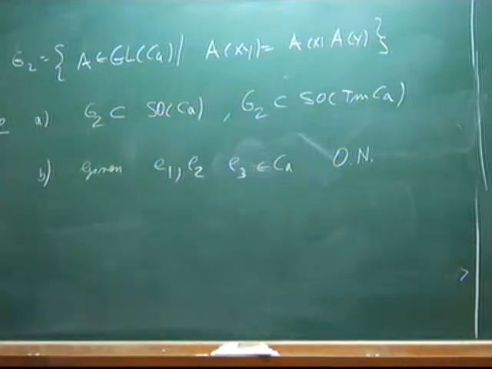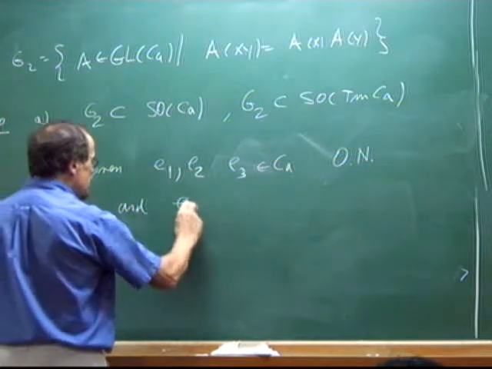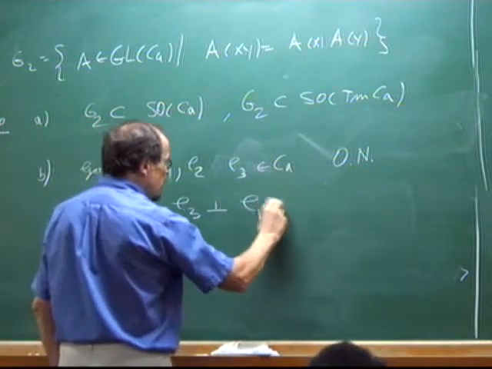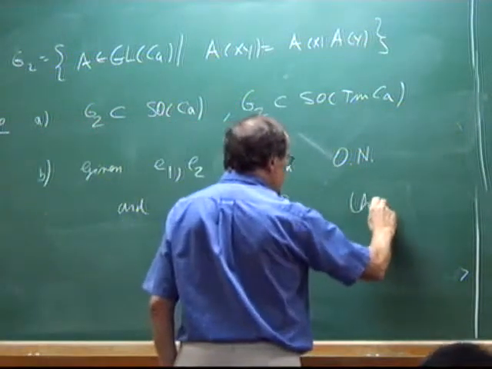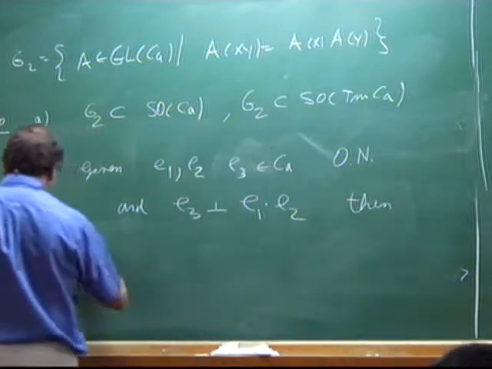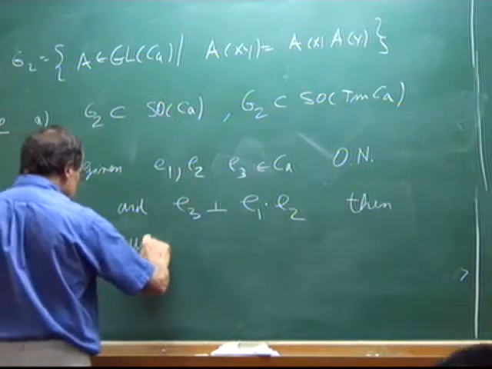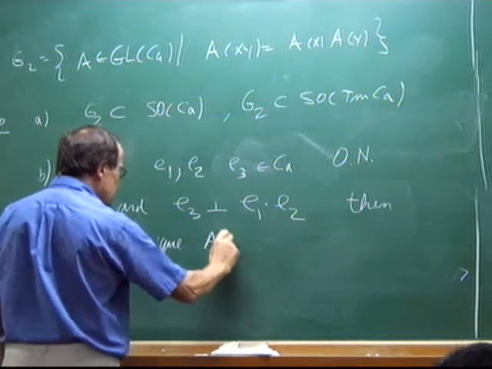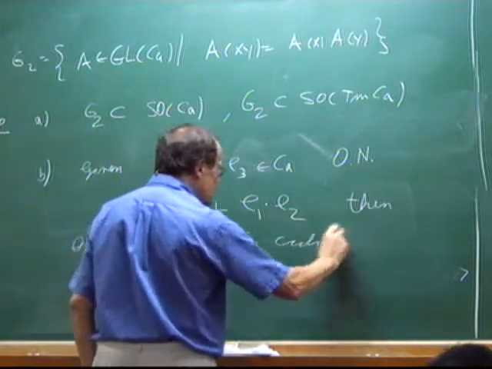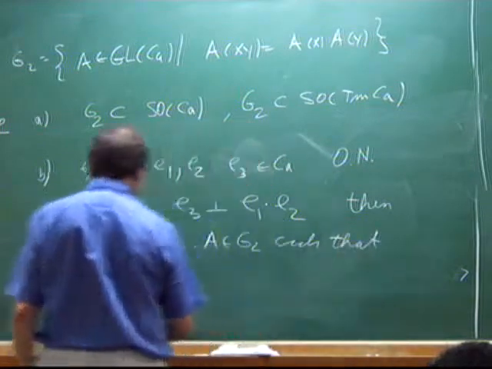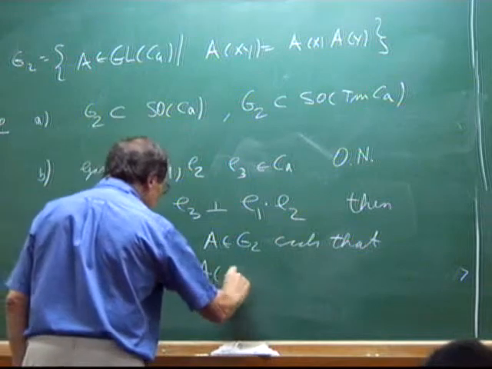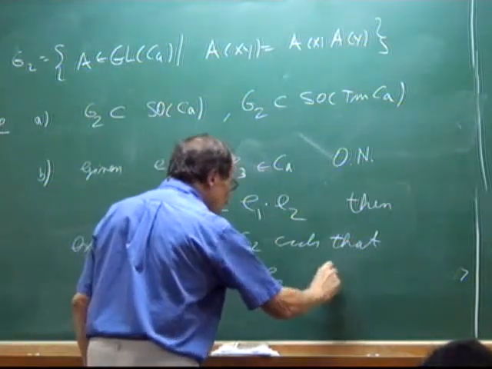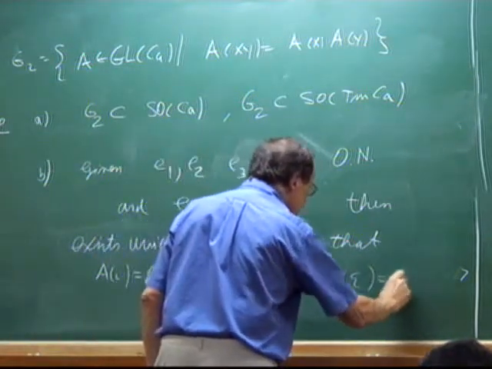So they're all unit vectors, they're all orthogonal to each other, so orthonormal in that sense, and such that E3 is also orthogonal to the product E1 times E2. Then, given 3 such things, there exists a unique automorphism A such that A of i is E1, A of j is E2, and A of epsilon is E3.